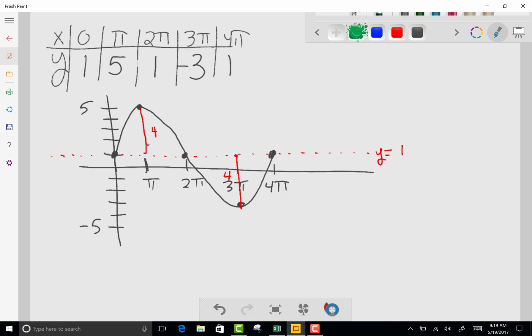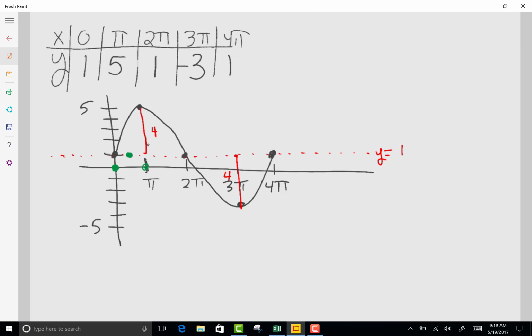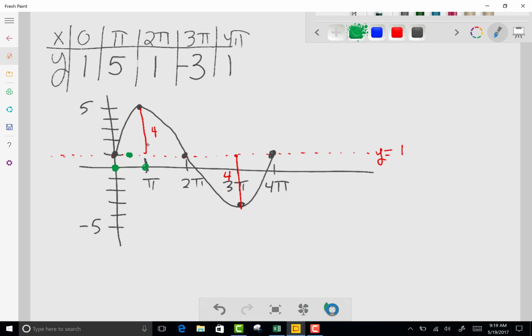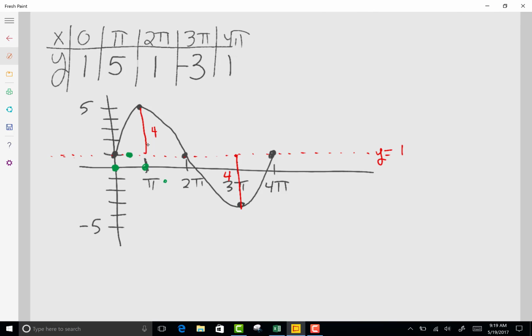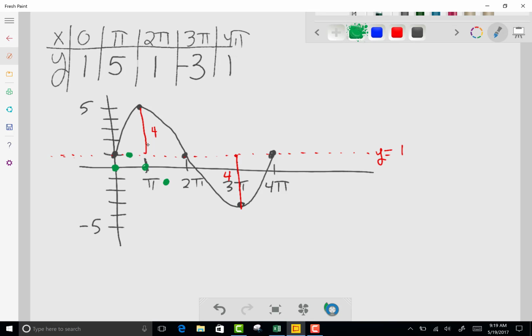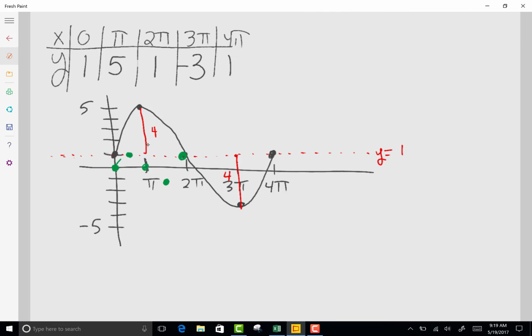Now, if we compare this to our mother function, I would start at 0. At pi over 2, I would come up at 1. At pi, I come back down to 0. Then at 3 pi over 2, I'm down at -1. And then at 2 pi, when I complete my first cycle, I go back up to 0.